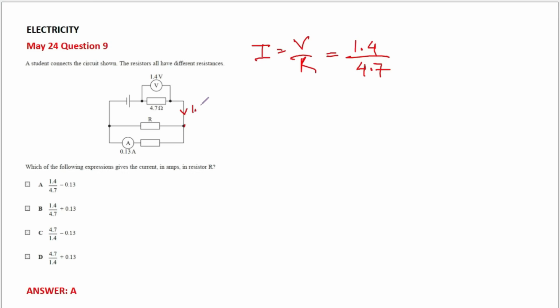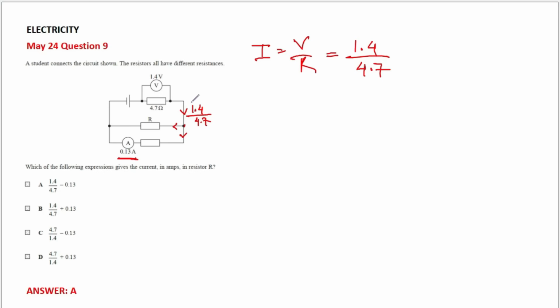So this is 1.4 divided by 4.7 that flows up to this point, and this is where the current splits because we all know current gets divided at the junctions, right? So 1.4 divided by 4.7 splits into 2 parts. One flows through R and the other part, and you already know the value.